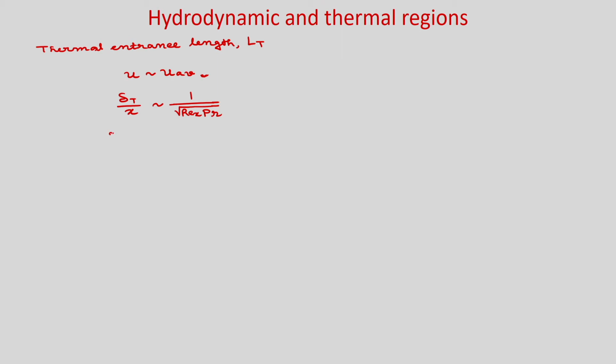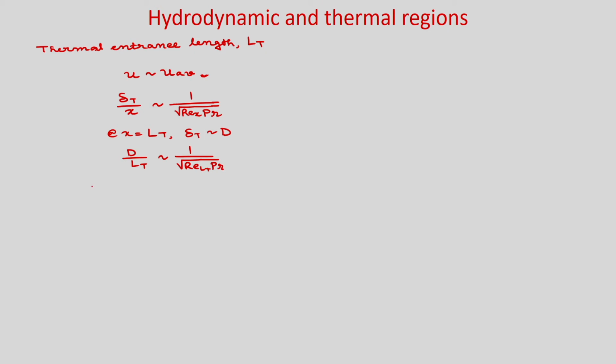Now, we can consider that x equal to LT, your delta T will be order of D, because the thermal boundary layer thickness will be order of diameter. So, you can write delta T, diameter divided by LT, will be order of 1 by root ReLT into Prandtl number.